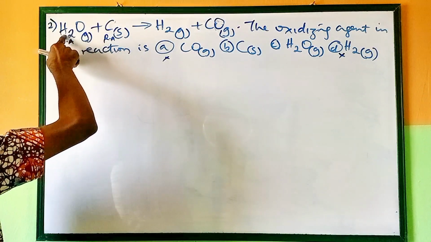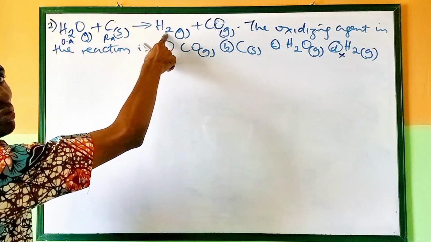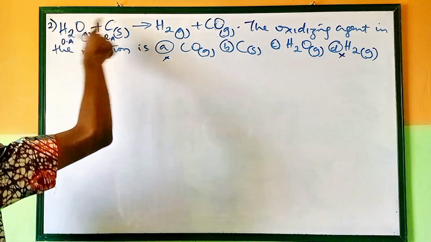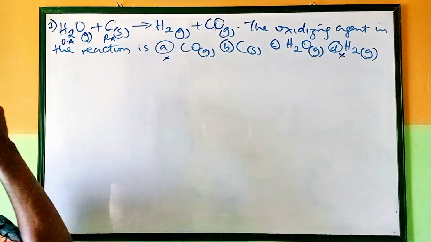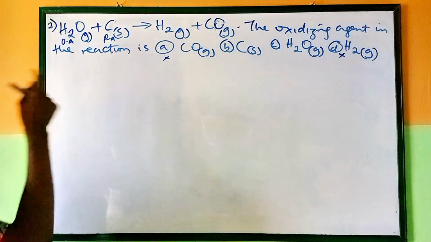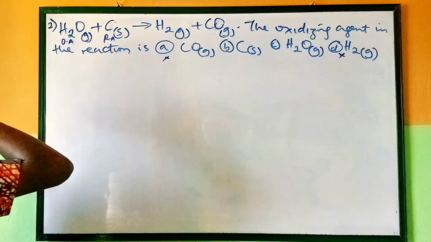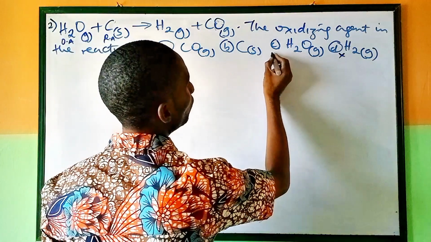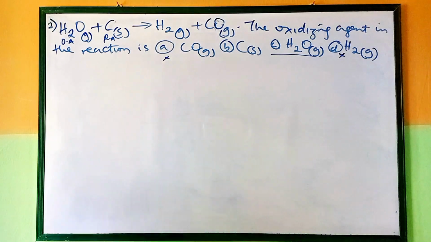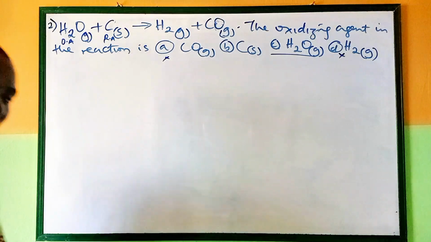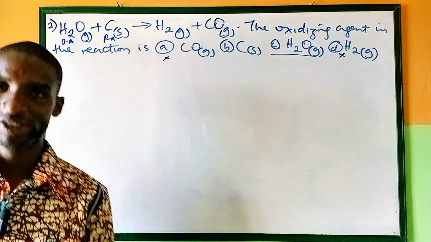And therefore, water had been reduced to H2. And you remember, the oxidizing agent will be reduced. The reducing agent will be oxidized. So the question says the oxidizing agent in the reaction is, the answer is H2O. So our answer is C. That is the oxidizing agent. Let us look at more questions.